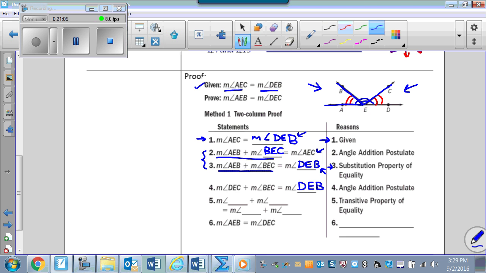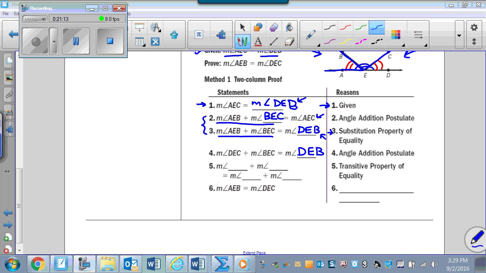All right, and now I'm using the transitive property. The transitive property, let's think about that for a minute. Do me a favor here. Look at statements 3 and 4. You see on the left side of statement 3, I have the sum of a quantity and it equals the measure of angle DEB.